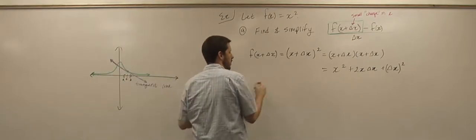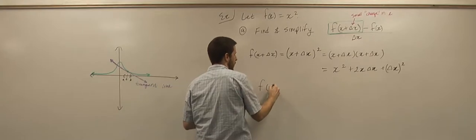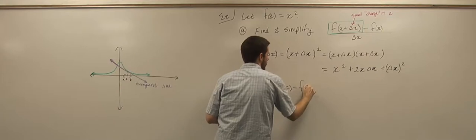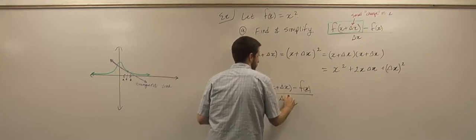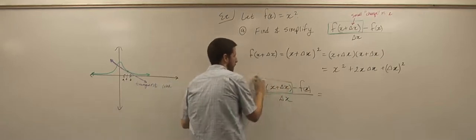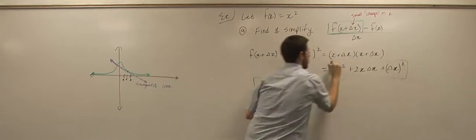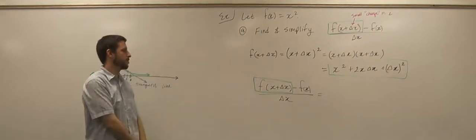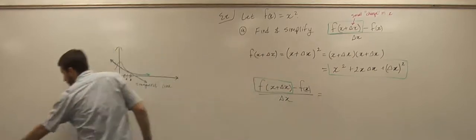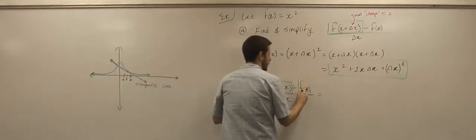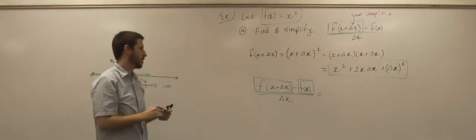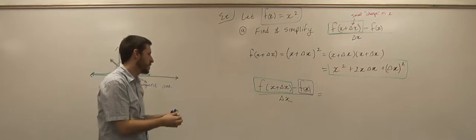So overall, now if we go back to what I care about, f of x plus delta x minus f of x all over delta x, in place of f of x plus delta x I put this, in place of f of x I put f of x, which is right here, and then the delta x variable just sits there.